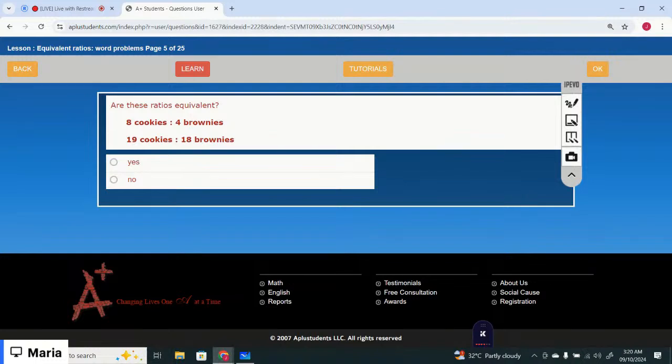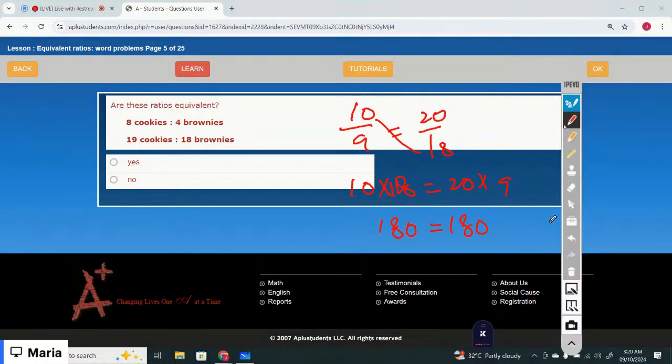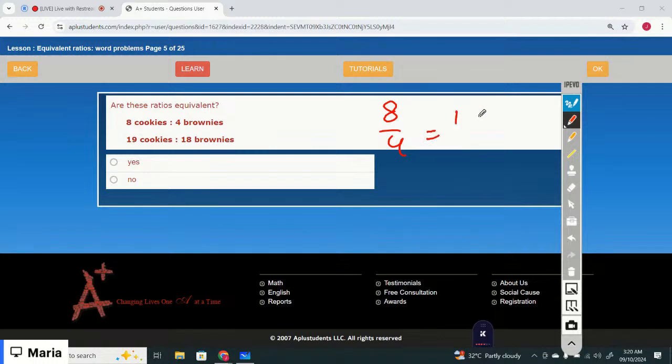Are these ratios equivalent? Which is the correct option? That is 8 brownies to 4 cookies and 19 brownies to 18 cookies.